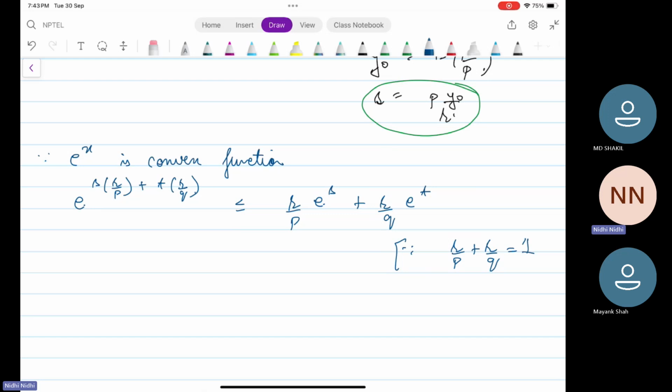We started with the relation 1 by p plus 1 by q is 1 by r, so r by p plus r by q is equal to 1.